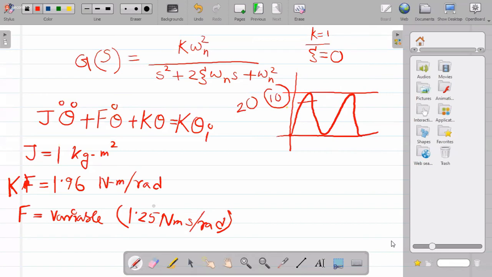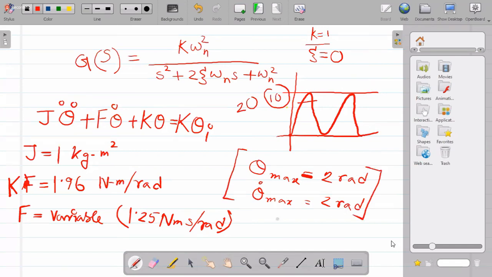So given this system, the actual value or the amplitude scale value of theta max is 2 radian, theta dot max is 2 radian. So both the outputs, if we supply from a 10 volt source, will reach a value of 20 volts.